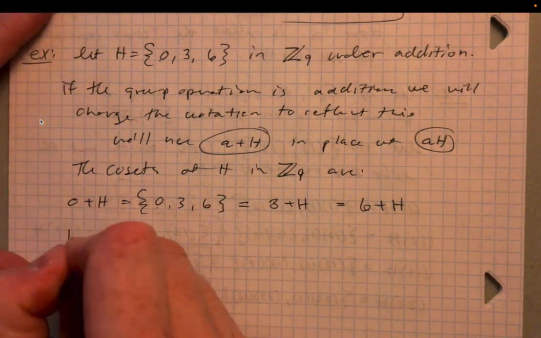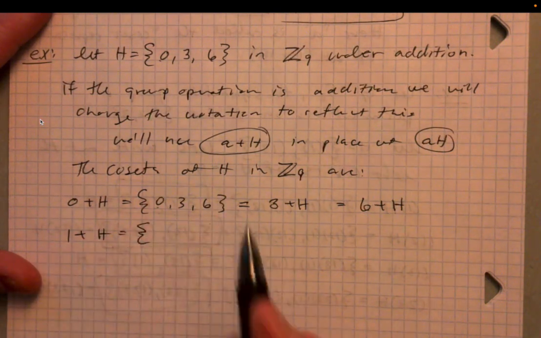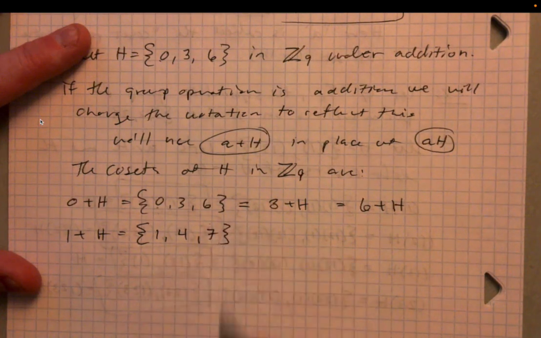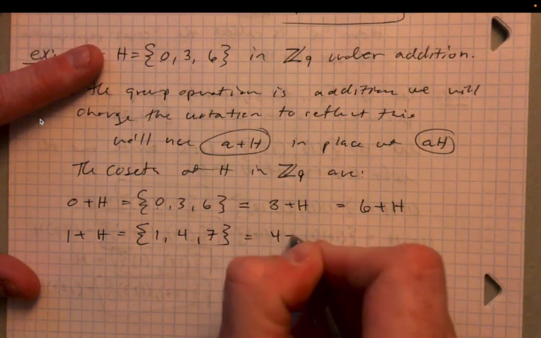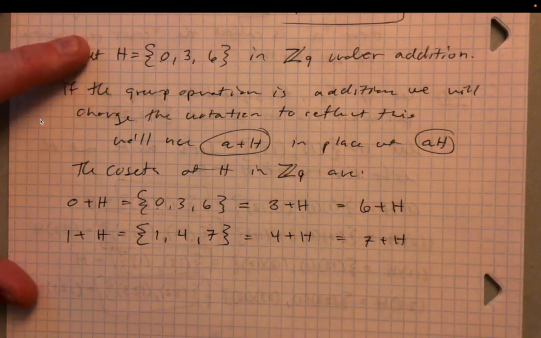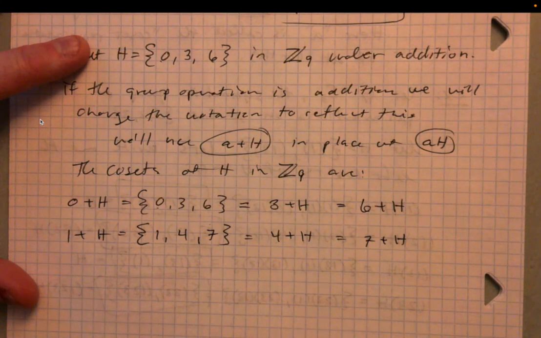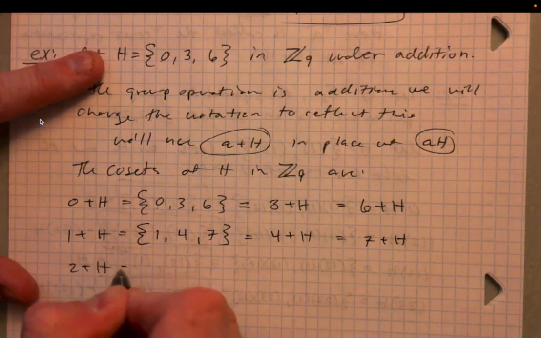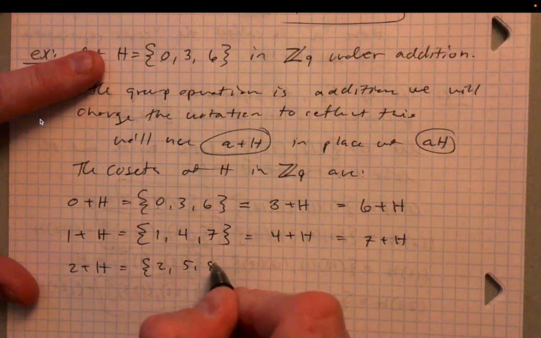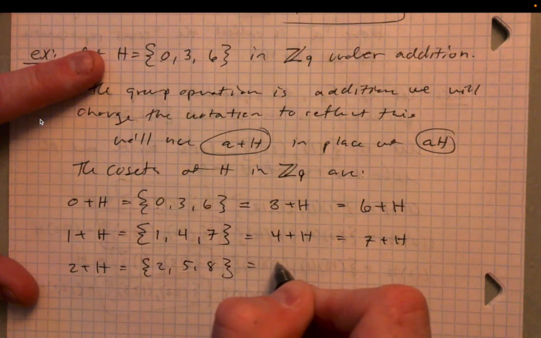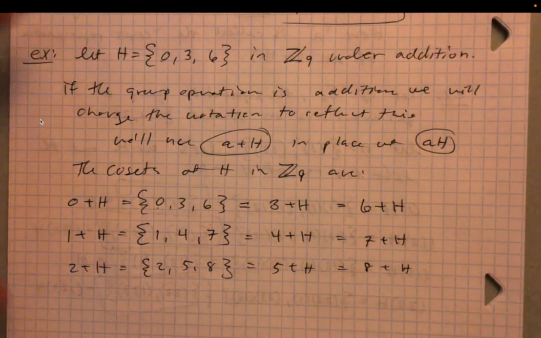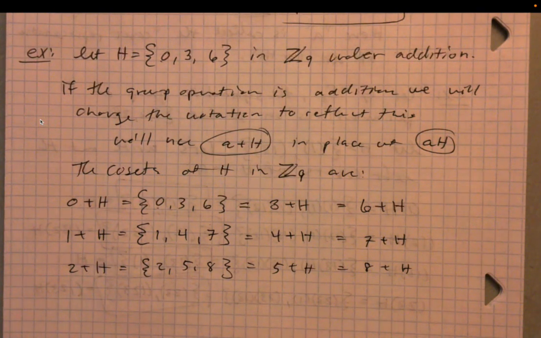What about 1 plus H? Well, you're going to get 1, 4, and 7. It turns out that's equal to 4 plus H. It's also equal to 7 plus H, just adding 1 to each of these. 2 plus H is 2, 5, and 8, and that's the same as 5 plus H and 8 plus H. And we've exhausted them, haven't we?